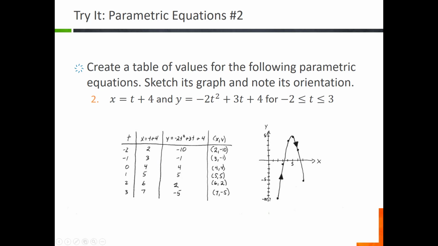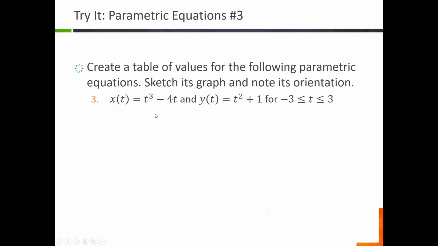We take those coordinates and we plot them. So we just plot all these points, and then we connect the dots and we draw little arrows to represent the direction. So the point started down here at (2, -10), and it moves up the parabola. There's a parabola here, and then it moves back down. So that's the forward orientation, or the positive orientation.